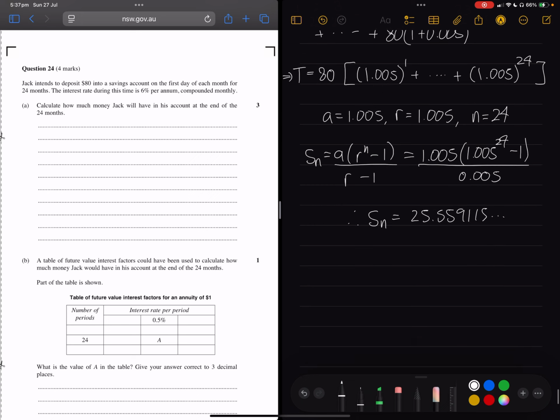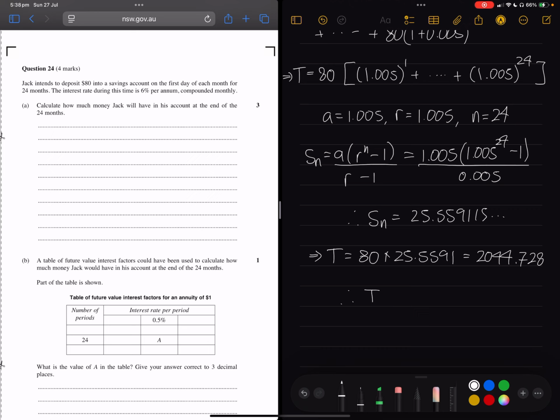25.5591115... So this implies that the total will be 80 times 25.5591, just round it to 4 decimal places here. 80 times 25.5591 is 2044.728.